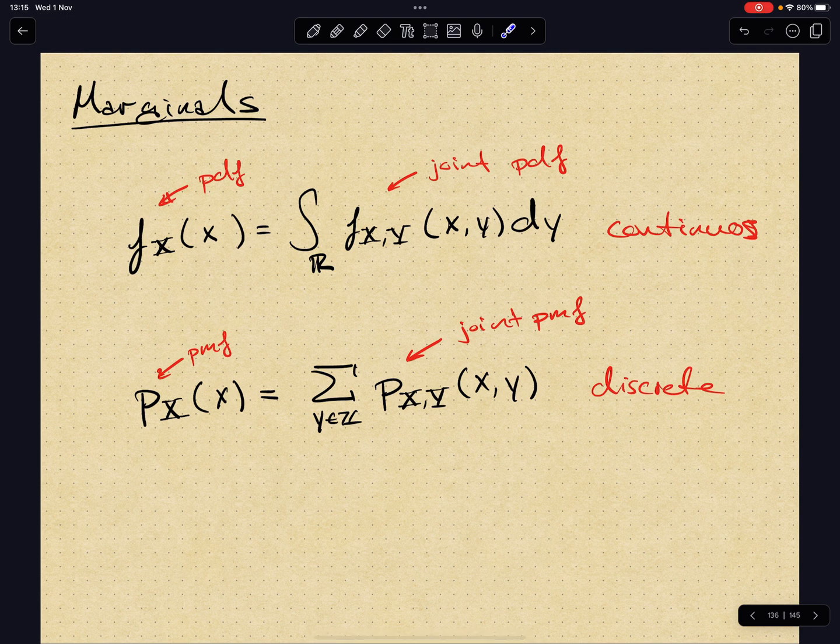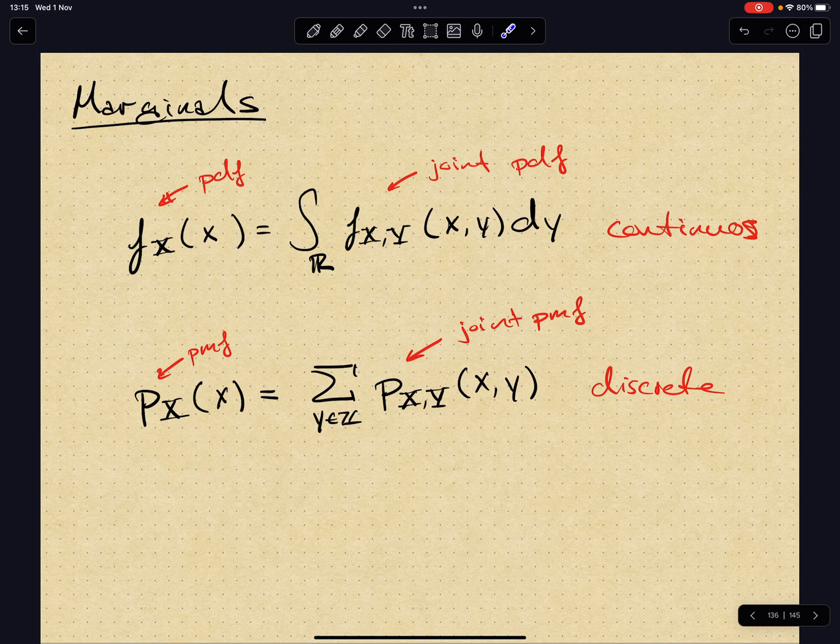In particular, this is going to help us keep track of this being the joint probability density function for two random variables, and this being the probability density function for one random variable. I'm using the letter f for both of them because it's hard to come up with more notation, especially when you start introducing more random variables. So the subscripts are going to help us keep PDFs and PMFs apart. It's going to help us for bookkeeping.